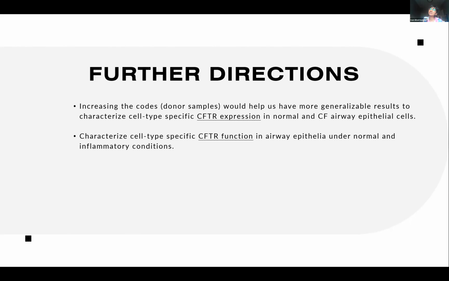So it would be interesting to increase the donor samples so that we have more generalizable results, and to collect data at different times to see how CFTR expression differs in normal and CF airway or inflammatory conditions. Then we could further categorize how cell type specific CFTR function in airway epithelium would differ, because we only looked at expression for this project, but looking into function would give us deeper insight into how certain cells produce a specific type or amount of CFTR.